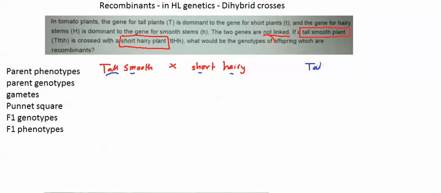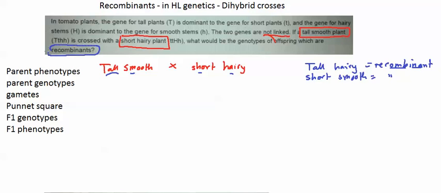So tall and hairy is a recombinant, and short and smooth is also a recombinant. Okay, so we're looking for tall, hairy or short and smooth offspring, which will then be recombinants, and that's what the question's really after. It wants to know about the recombinants.